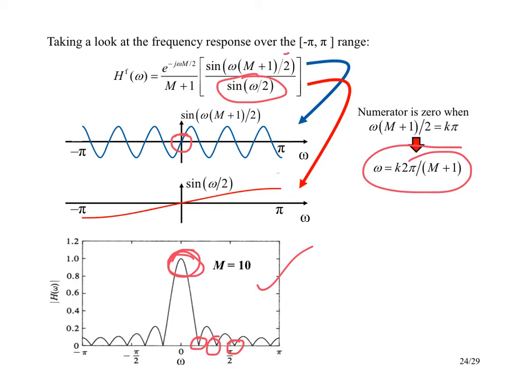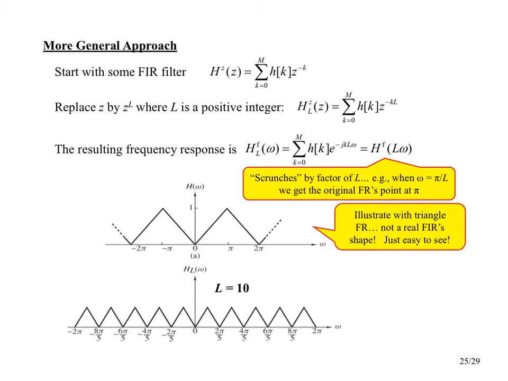We can see that from L'Hopital's rule, because if we look at omega equal to 0, we have 0 over 0, so we can apply L'Hopital's rule and find that it's equal to 1. Or we can see it in the z domain with that pole 0 cancellation. So there's a simple comb filter. Those do show up now and then.